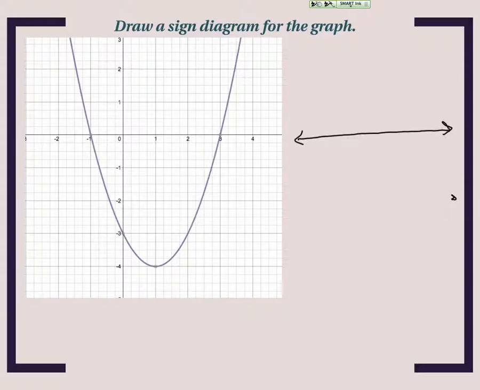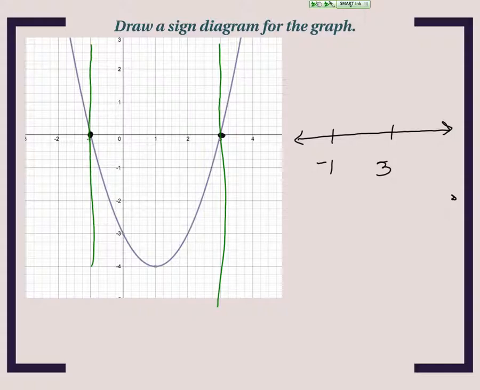So when I look at my x-axis, y equals 0 here at -1 and y equals 0 at 3. So I'll put these on my sign diagram. So I'm looking at the x-axis for the zeros, and I put those zeros on my number line. And then in this case, since I have 2 zeros, it kind of splits my graph up into 3 different sections.